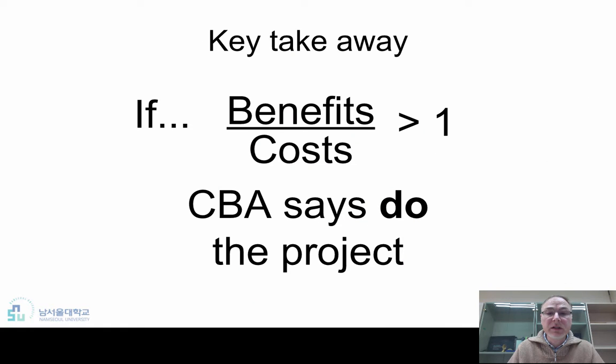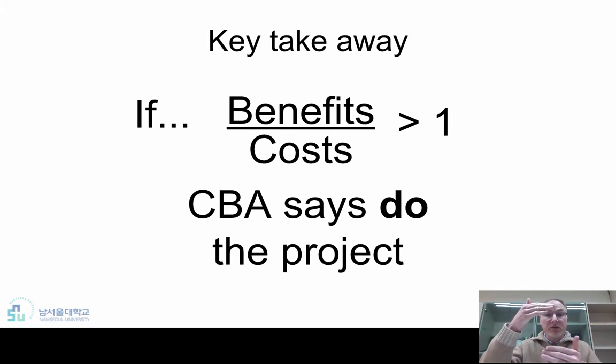So cost-benefit analysis is very basic in terms of its logic. You add up all the benefits from a project in monetary units. They have to be in monetary units, but you add up all the benefits and you add up all the costs, and if the net present value of the benefits is greater than the costs, you have a ratio of greater than 1.